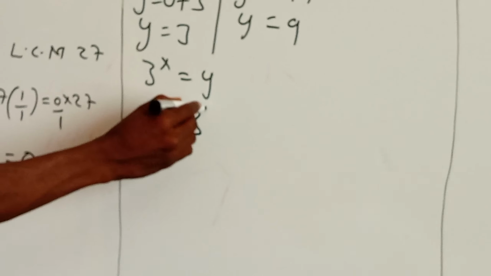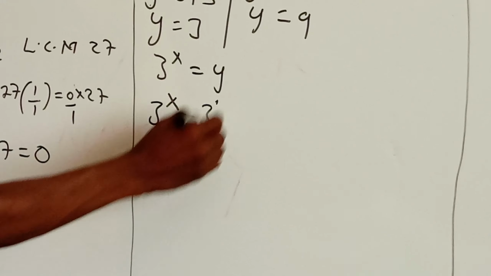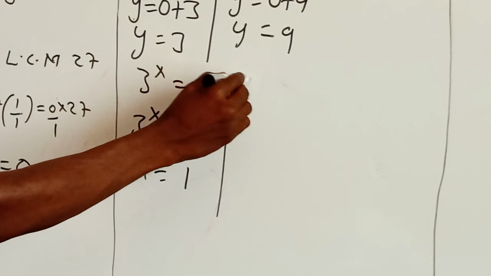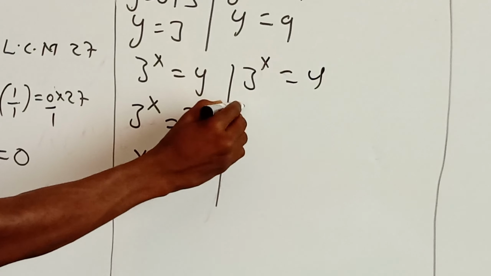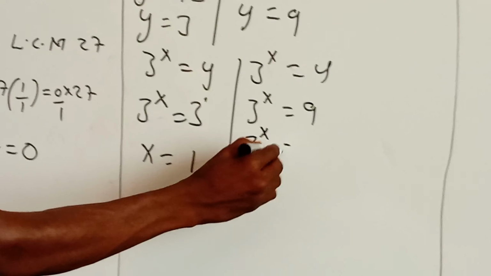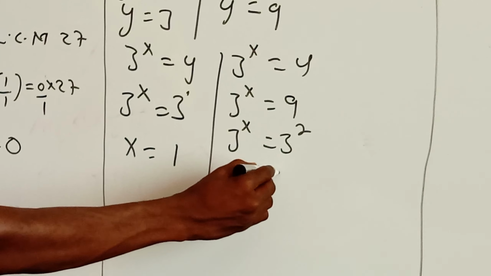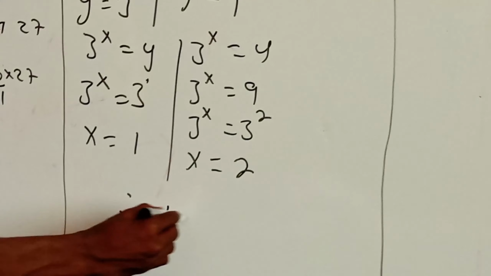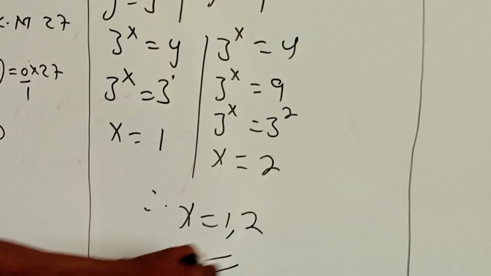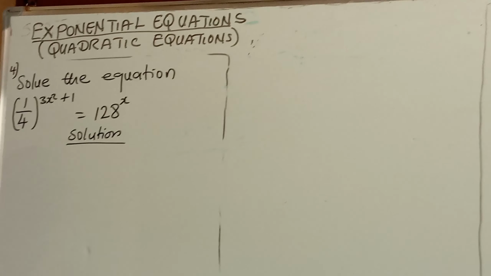But this has the power of 1, so you equate the powers, so x equals to 1. Then you come here also, 3 raised to the power x equals to 9. So express this 9 in index form, so 3 raised to the power 2. Equate the power, x equals to 2. Therefore, x equals to 1, 2. So these are the values for x.